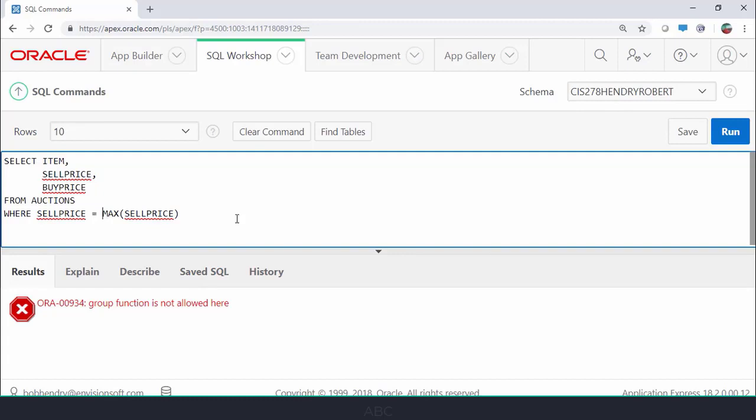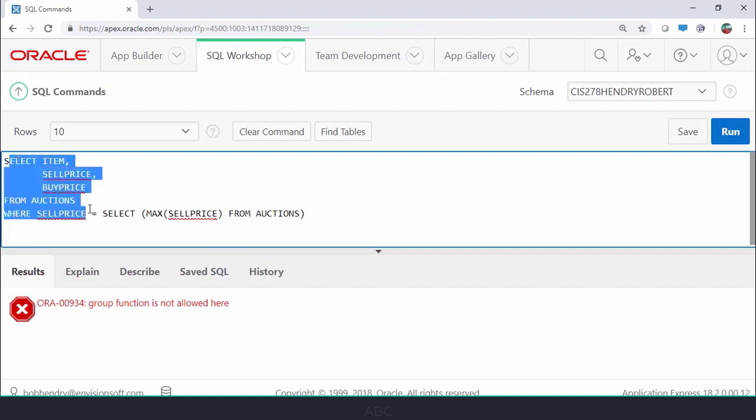So we could say, for example, select max sell price from auctions. Now, in this case, this subselect will get executed first. So it's going to return to us the largest sell price, and it's going to look for the record that has that largest sell price.